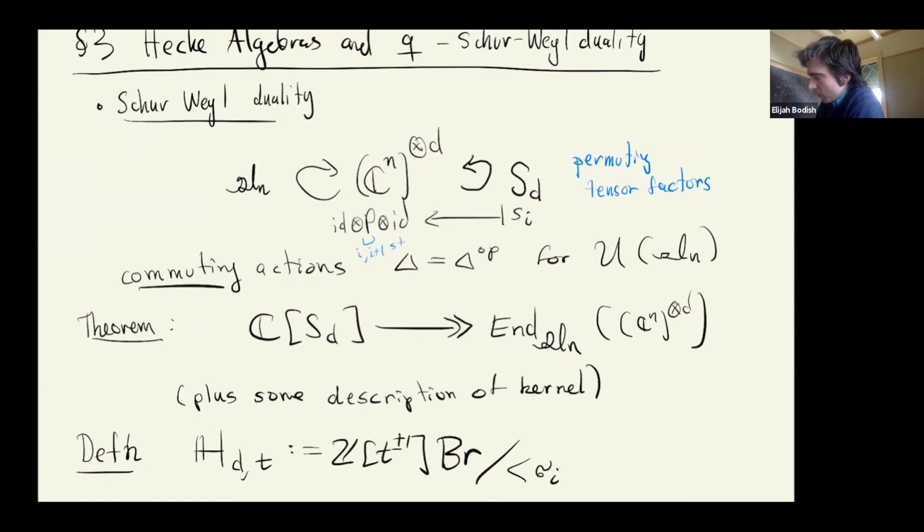So I will take the braid group element, and if I square it, I'm going to set this equal to (t inverse minus t) sigma i plus 1. So this is this Hecke algebra quadratic relation that I'm imposing on this algebra.